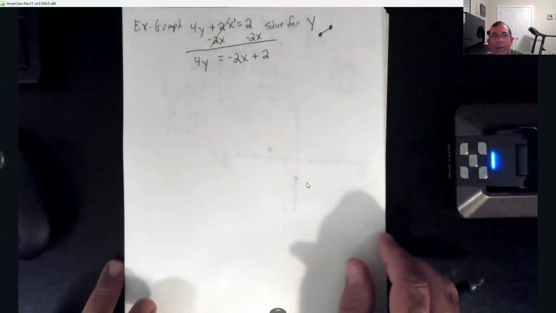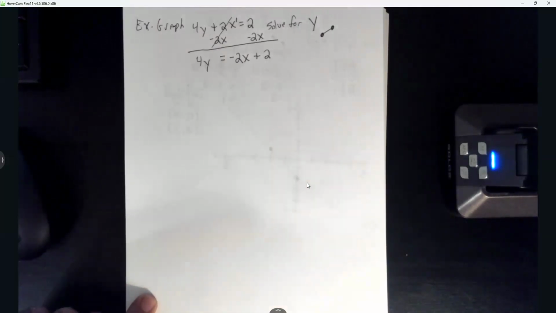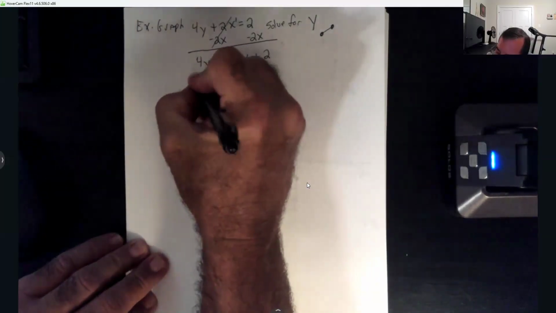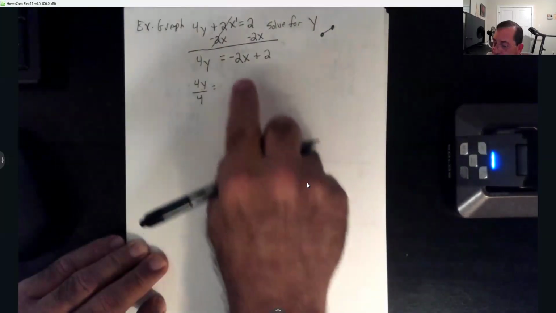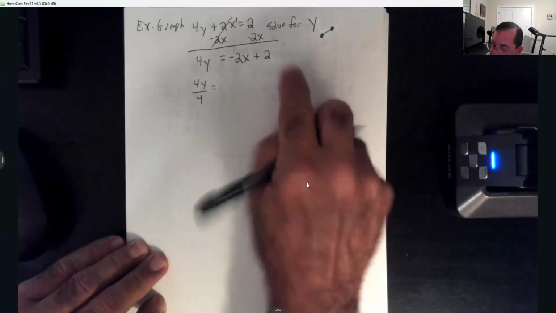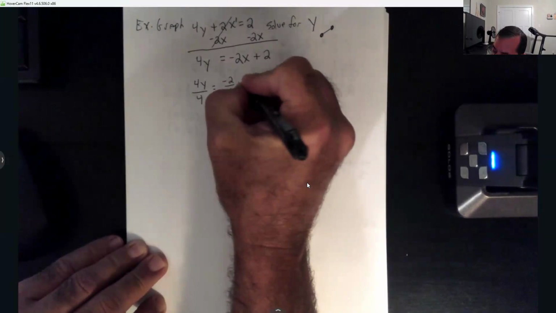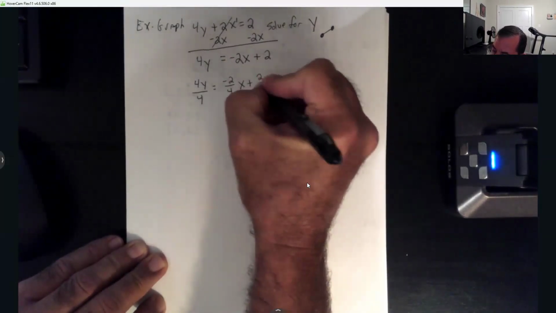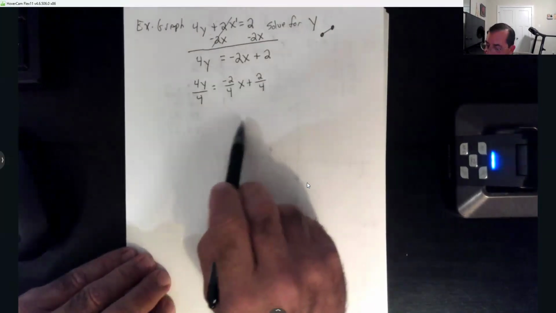So then what would we do to make this a 1y? Divide by 4. And y'all remember, multiplication and division goes to everything, right? So everybody's going to get divided by that 4. Now it's just a matter of simplifying all my fractions.